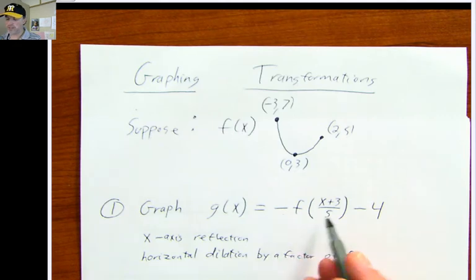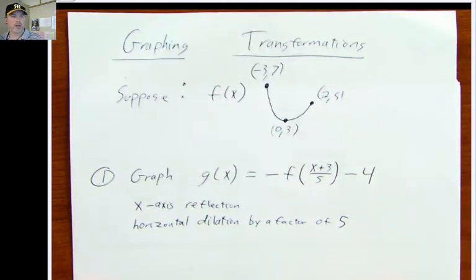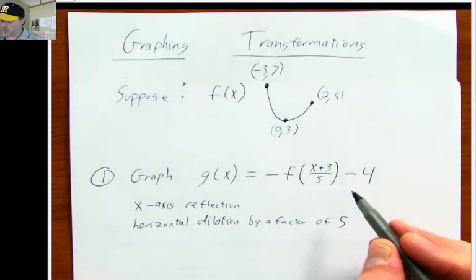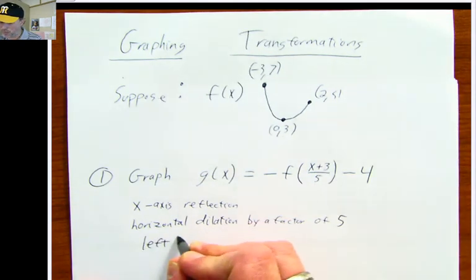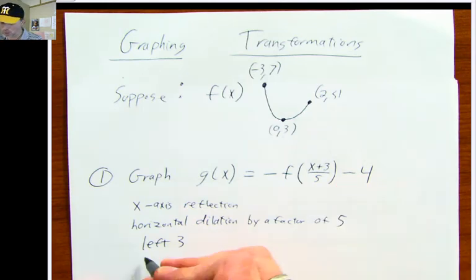Those are the multipliers, the reflections and the dilations. And then because of this x plus 3, I know that the graph would be going left 3, and because of this minus 4, the graph is going to be going down 4.